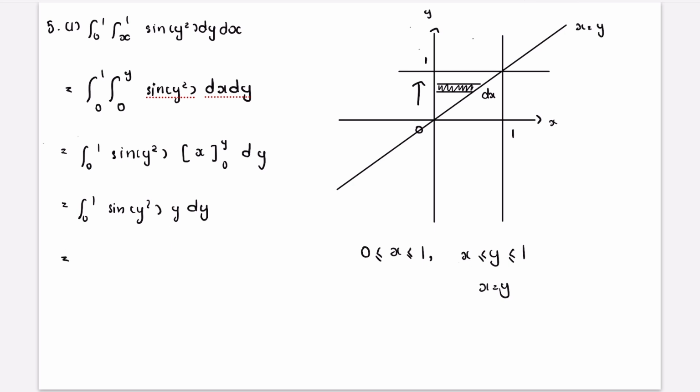Now we get the y, and then we can integrate that easily. When we integrate that, to integrate sine is minus cos y squared over 2, with the range from this. So we can double check this.